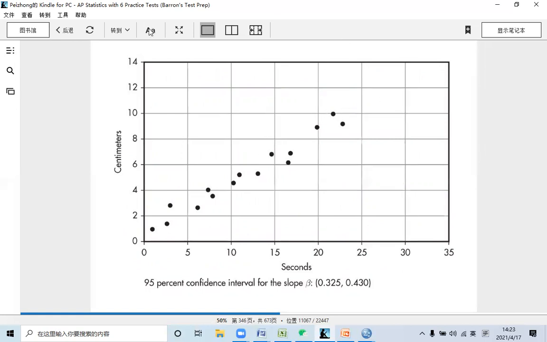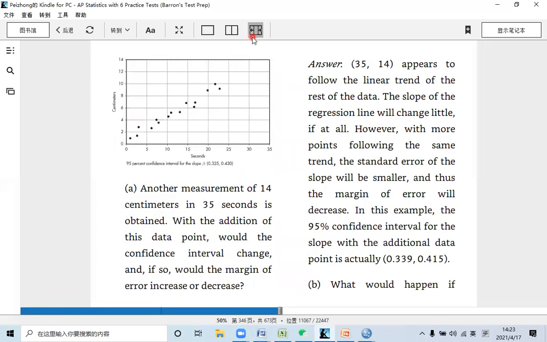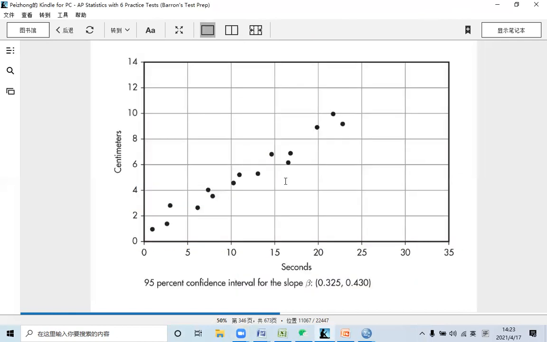If you draw the line, I can't draw the line here, but the regression line would be really straight up. So here, where's the line? It's close to the line, but not really on the line.